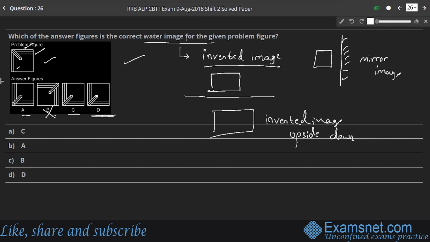Yes, we do have three vertical lines in all options A, C, and D. And this part which I am showing now will be exactly inverted. That means this will be to the left bottom corner. In all three A, C, and D, we have the same figure in the left bottom corner.